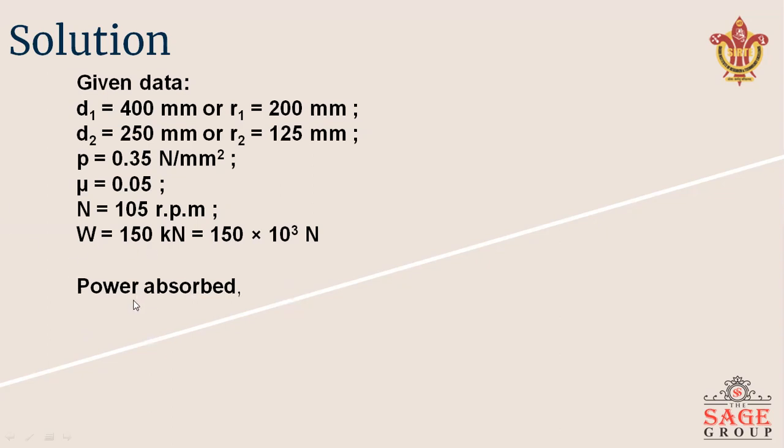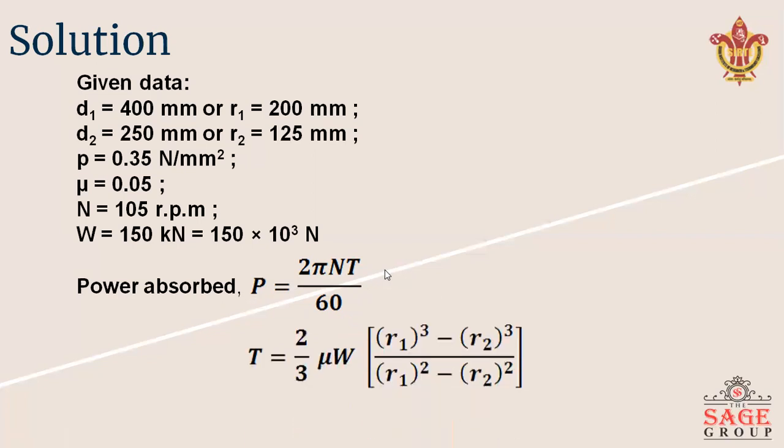Power absorbed P equals 2 pi N T upon 60. In this equation the value of N is given as 105, but we do not have the value of torque T. So we have to calculate the frictional torque, T equals 2 by 3 mu W (R1 cube minus R2 cube) upon (R1 square minus R2 square), for the uniform pressure theory, because the pressure is given as uniform in the question.